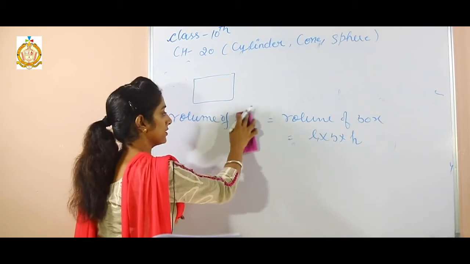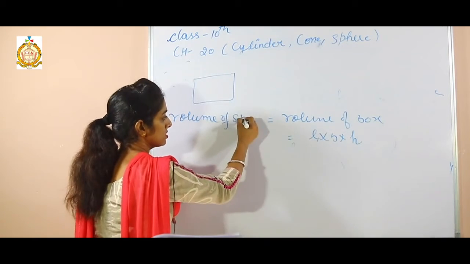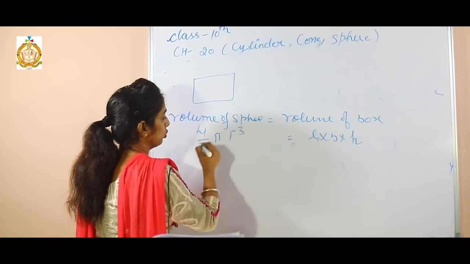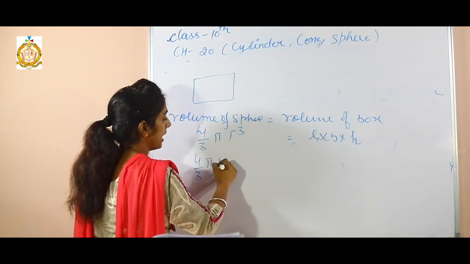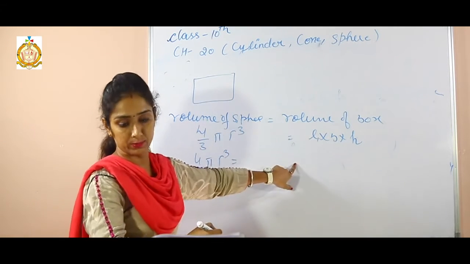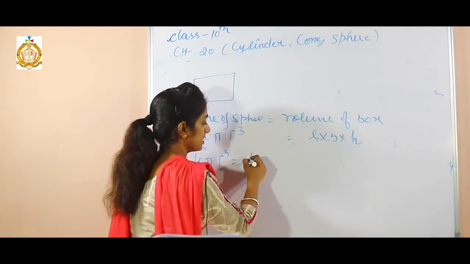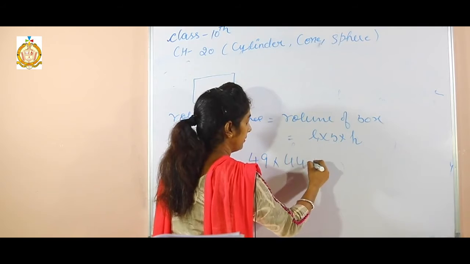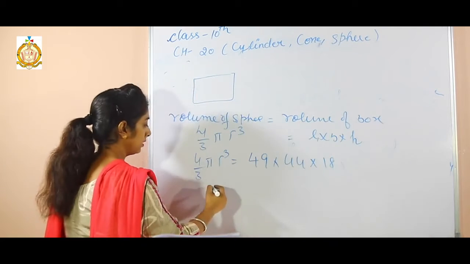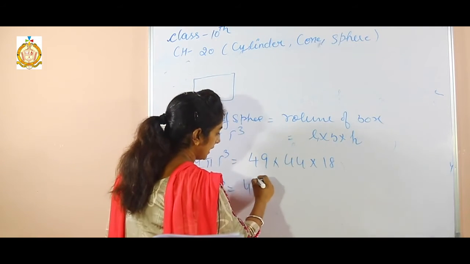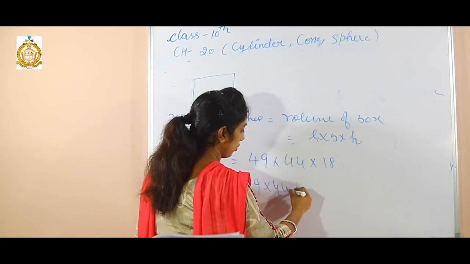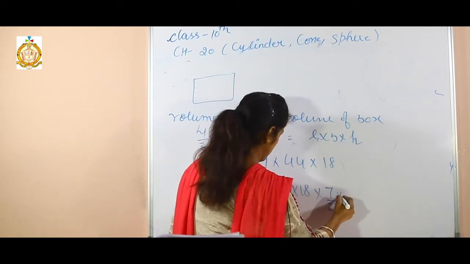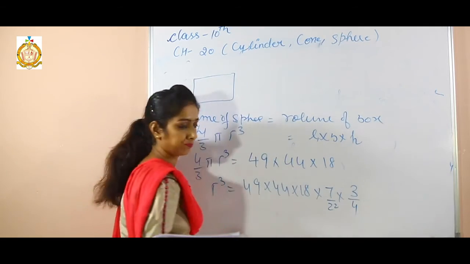It is recast into a sphere, so that is 4 by 3 pi r cube, equal to 49 multiplied by 44 multiplied by 18. Now r cube is 49 multiplied by 44 multiplied by 18, with 3 by 4 pi.